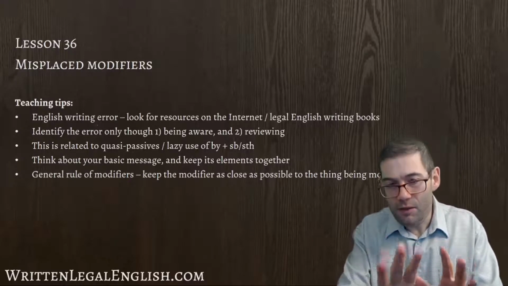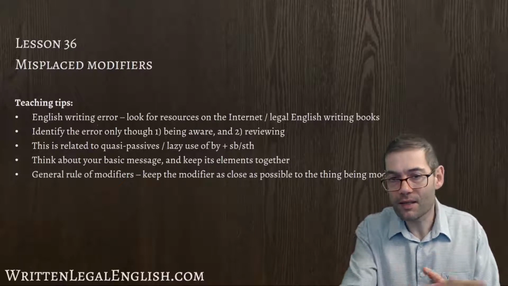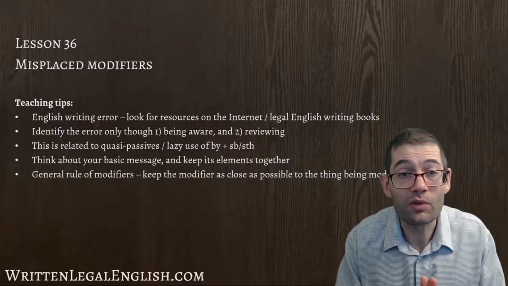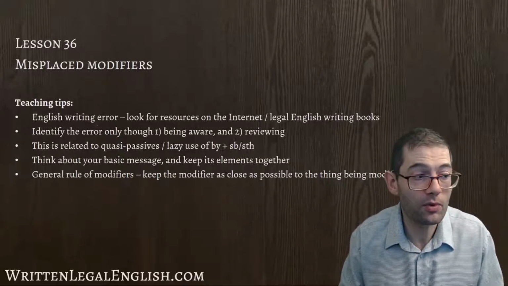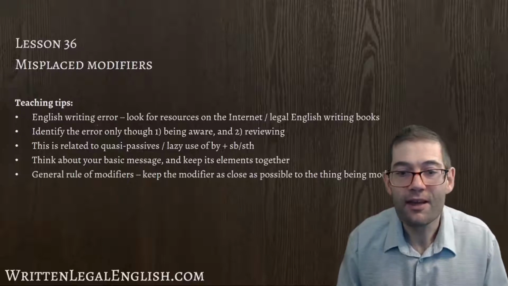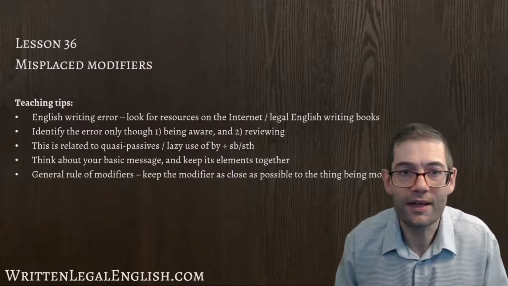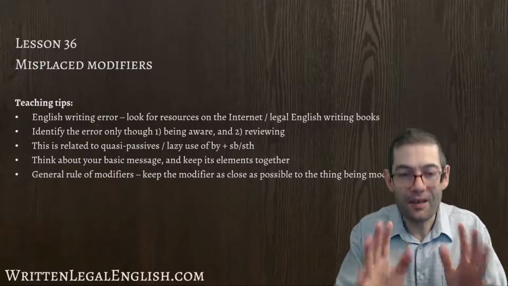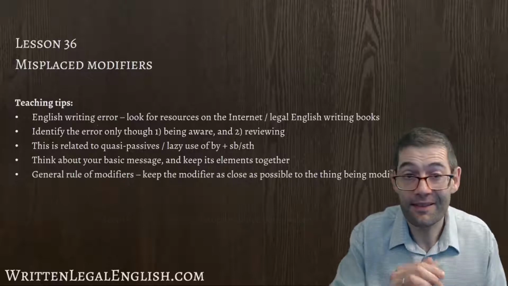But the main takeaway from this and the last lesson is that the general rule of modifiers is this: keep the modifier as close as possible to the thing being modified. So if you're going to remember just one thing, make sure you remember that.